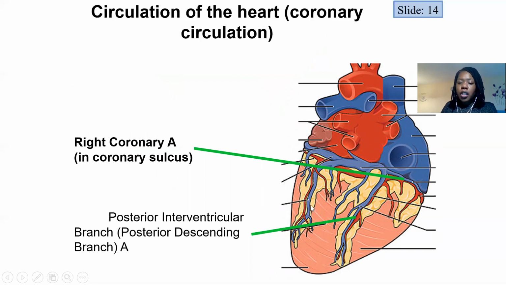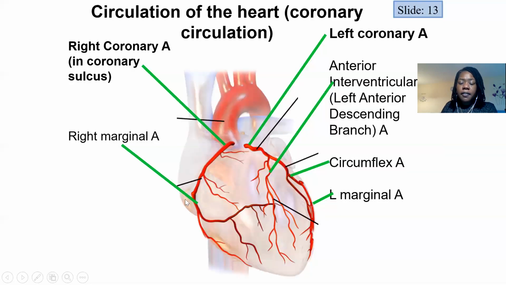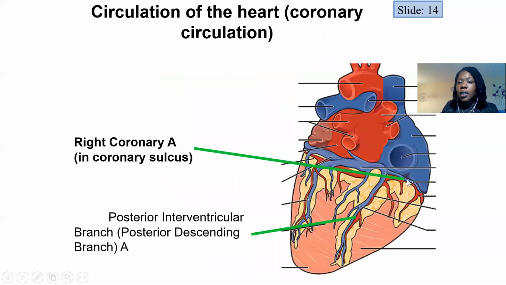The right marginal artery, which is a continuation of this vessel, runs along the posterior side of the heart and eventually gives off the posterior interventricular branch, also called the posterior descending branch or posterior descending artery. Once again, the PDA is an older term, and the posterior interventricular branch is a newer term, which also indicates the sulcus in which this vessel lies, the posterior interventricular sulcus.